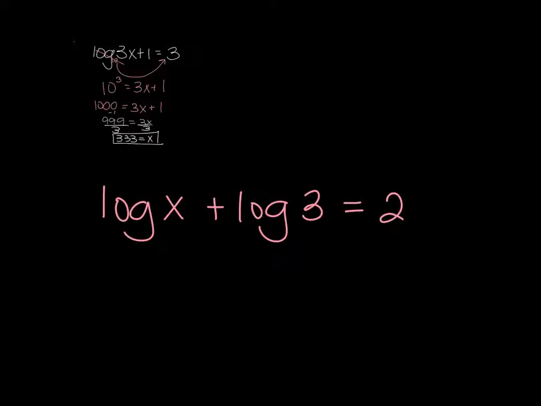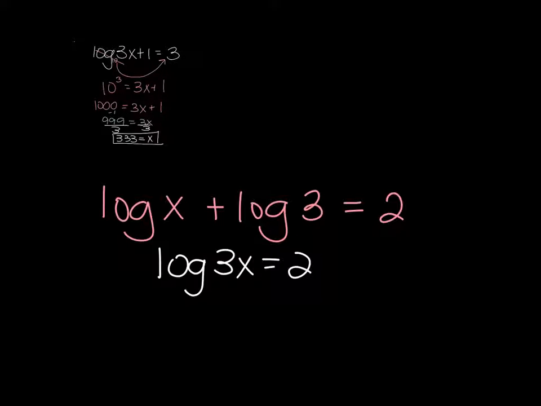Where you have more than 1 log still only on one side of the equation, you have to condense, and when we're adding, we multiply. So this would be log of 3x equals 2, and now I'm exactly where I just was before, 1 log on one side of the equal sign.